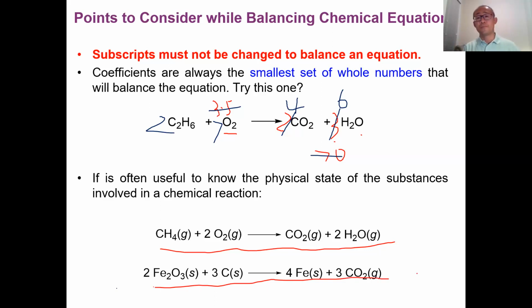So you can indicate the physical state of these reactants and products using the first letter of the state in parentheses. Of course, L stands for liquid. So that's something to talk about before we balance a chemical equation.